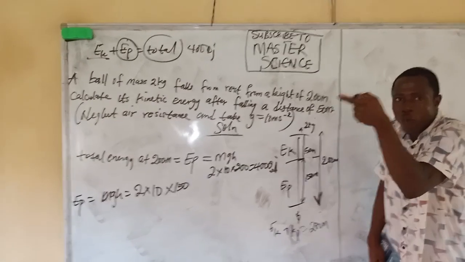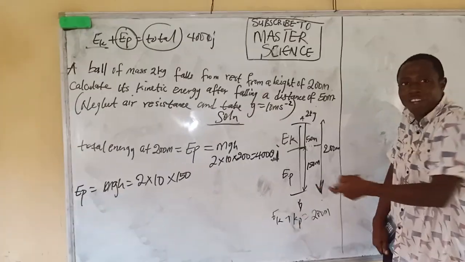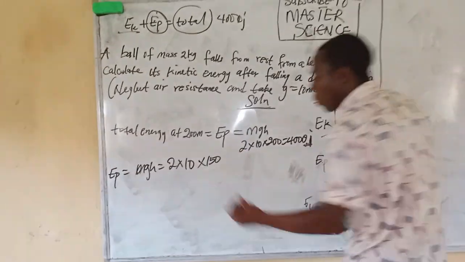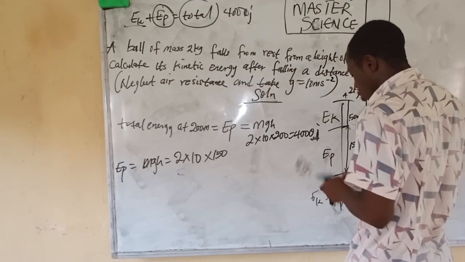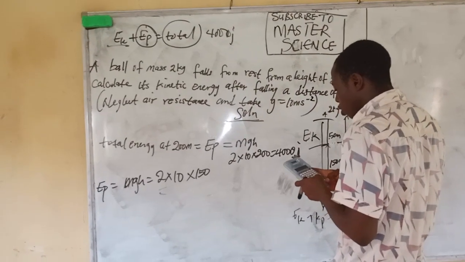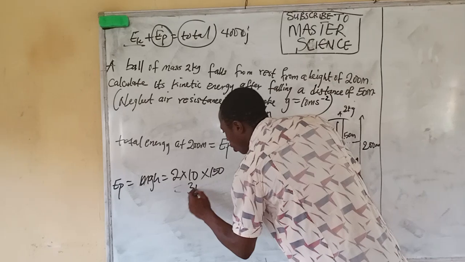The height from where the body is resting now down to the 200 is 150 meters. So our potential energy is 150 times 10 times 2, which is 3,000 joules.